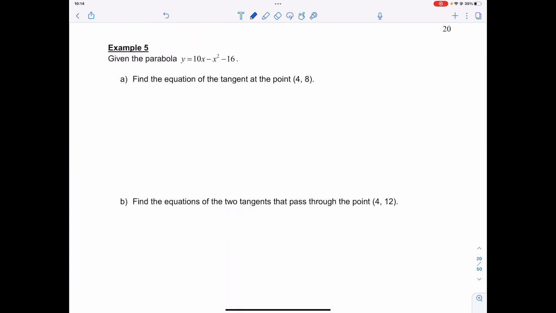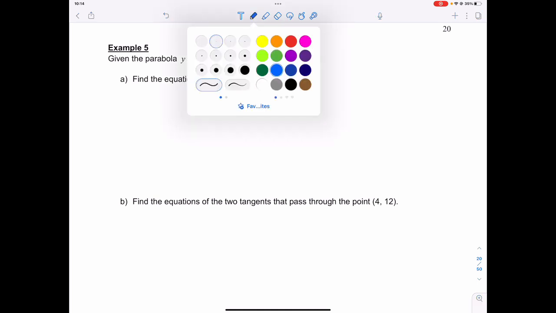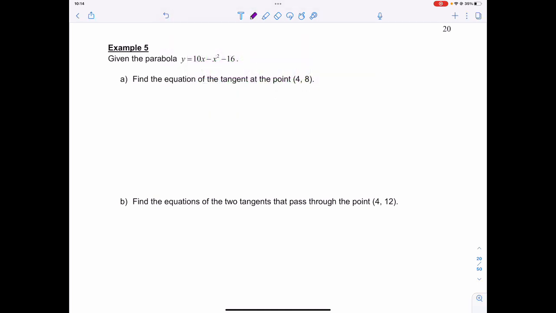For example 5, given the parabola y is equal to 10x minus x squared minus 16, and it wants us to find the equation of the tangent at the point of 4 and 8. Then first I'm going to find what my slope is by taking the derivative, where I'm going to have 10 minus 2x.